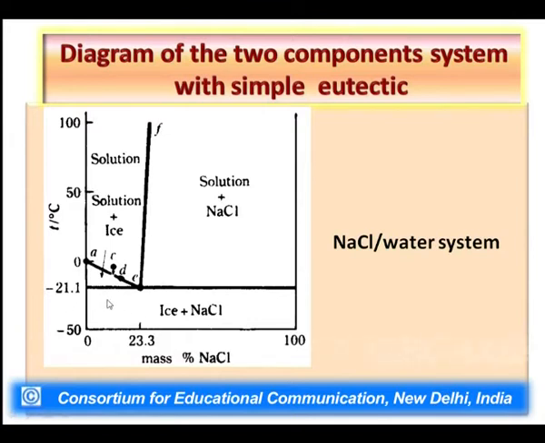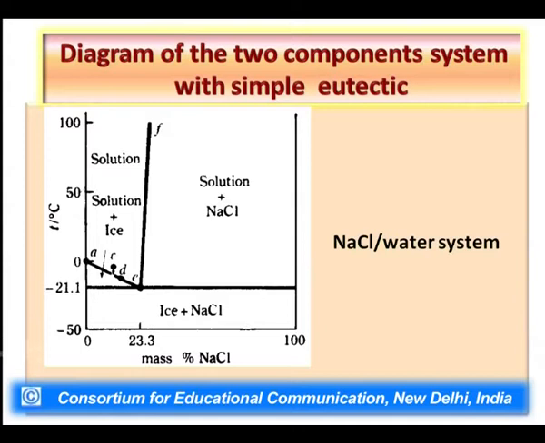It is very important to note what the eutectic temperature is. Eutectic temperature is minus 21.1 degrees Celsius. So it means this is the mixture which undergoes melting easily. What is the eutectic point? The eutectic point, as we have seen in simple eutectic systems or any other system, is that point at which there exist 3 phases in equilibrium with each other.